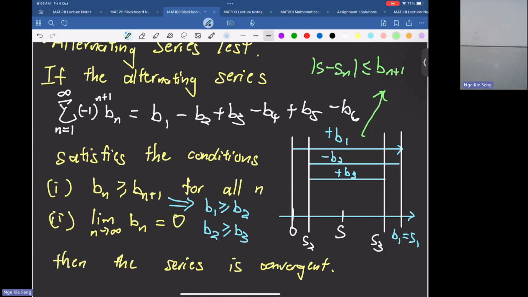Because your series could add up a lot of terms, but it is still bounded by a single term. And there's a formula for it. Okay, so why is this true?